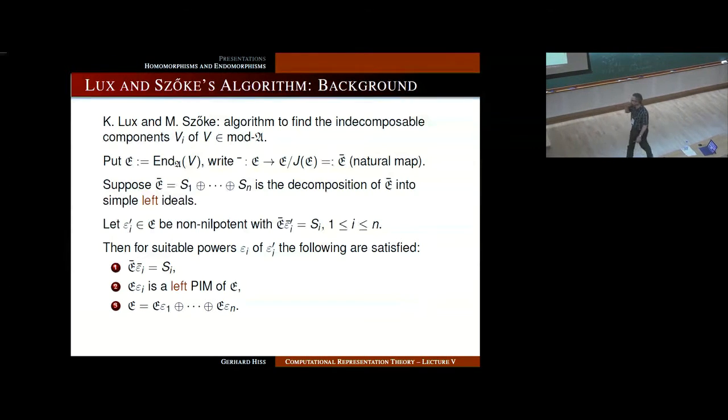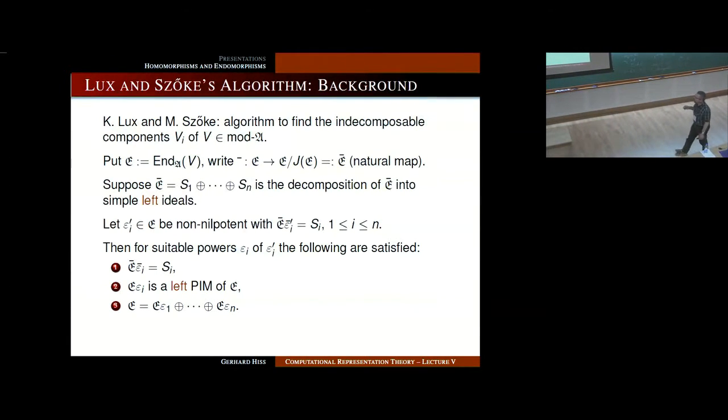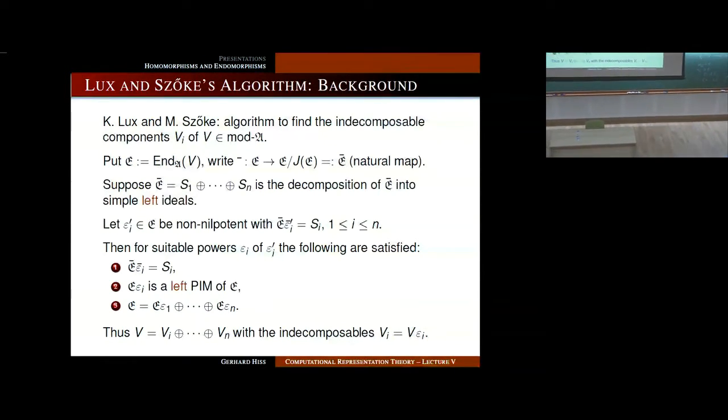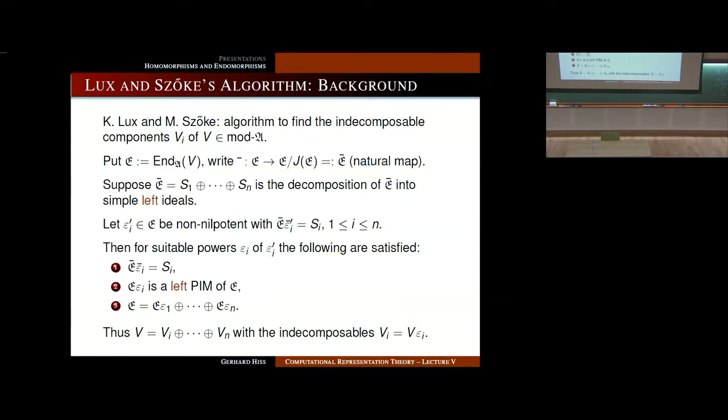The point is that it's much more difficult to find idempotents than these elements e_i. And then, since these contain the projections, we will find the indecomposable direct summand by applying this. So this is the same ideal as the one which contains the projection, the idempotent.